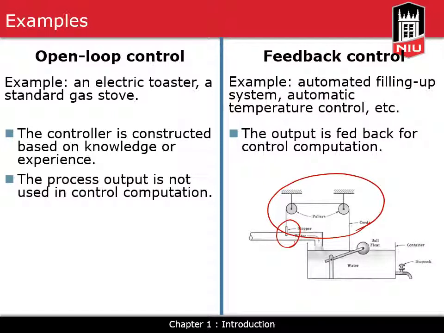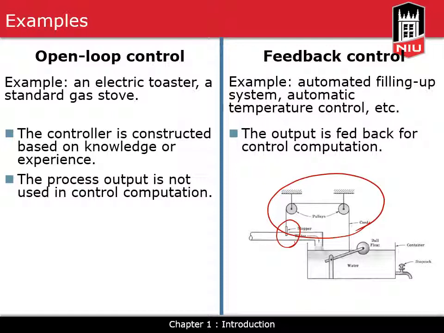So when the ball float comes up, that is when the level of the water comes up, that cord on the right side goes up, and that means the stopper or the water valve goes down and stops the flow of the water. And in the other case, if the level of the water goes down, the ball goes down, pulls on the cord, and then the stopper goes up on the other side, and the water flow starts.